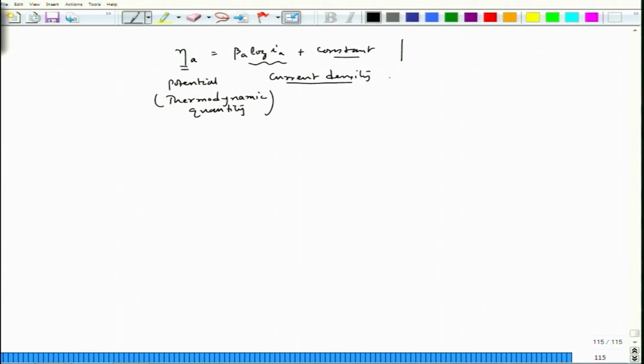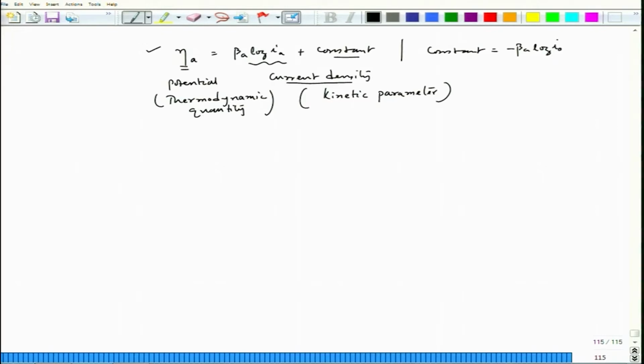This part also involves current density, because this constant is nothing but βa of log I with a minus sign, log I0. This is the exchange current density. So, this is current density, this is a kinetic parameter. So, this equation relates a thermodynamic quantity with a kinetic parameter.